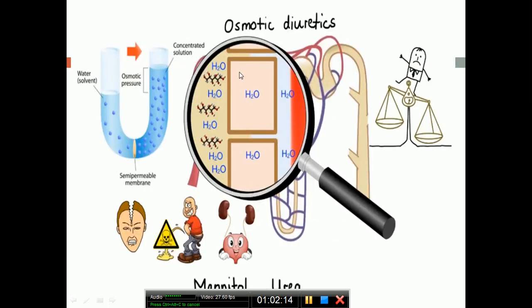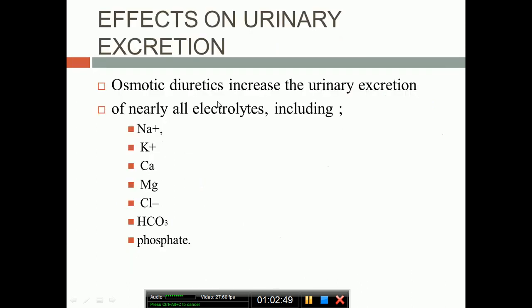These drugs are higher molecular weight drugs, so high that they can be filtered through the glomerulus, but they cannot cross this membrane. Simply, they can be filtered through the glomerulus and cannot be reabsorbed into the blood by these cells. So these drugs stay here in the urine lumen.